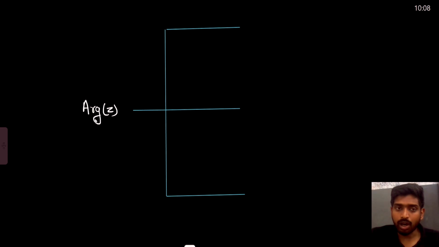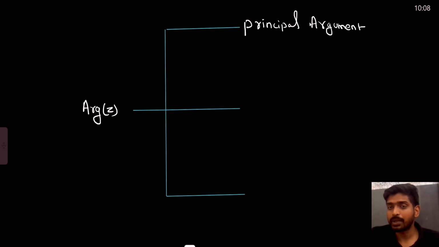Got it? Now there are three types of argument they can ask you in a question. The first one is principal argument.